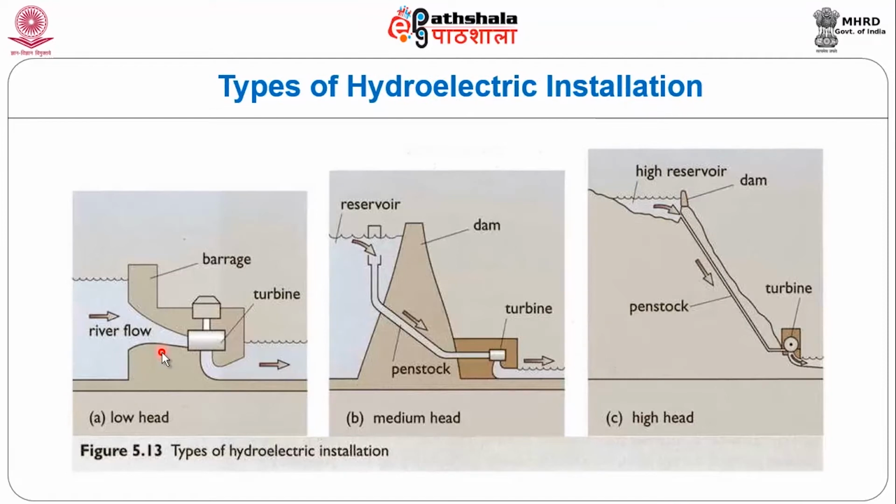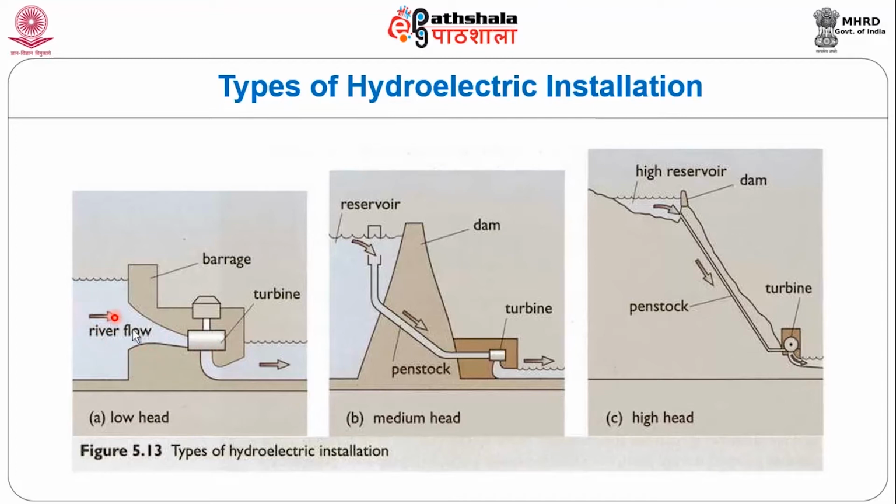And these are the typical types of hydroelectric installations: this is the low head, this is the medium head, and this is the high head. Here is the small reservoir, where the water is stored. This is the barrage, and the turbine is kept here, Francis turbine or Kaplan turbine.